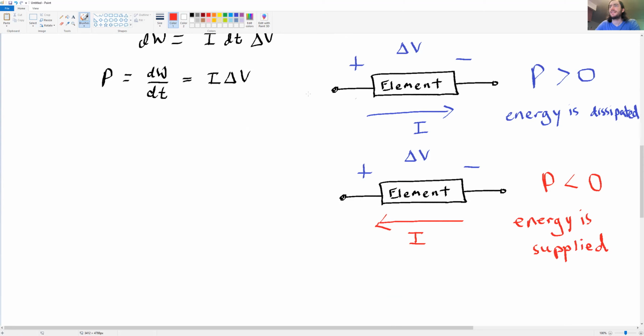And the reason we establish this convention, and this is usually not something that's talked about in physics books, but it's talked about in circuits books, is that it's related to conservation of energy. So really you can infer this from conservation of energy, but this allows us to establish what's called power balance for a circuit.